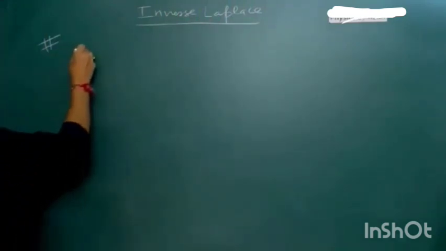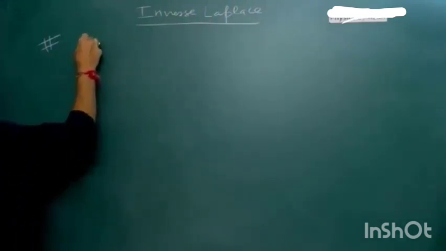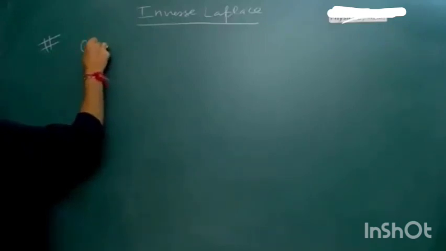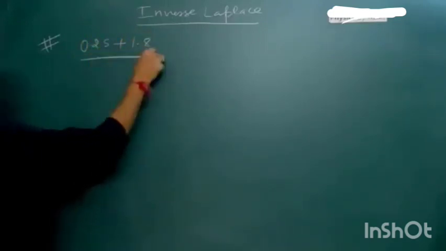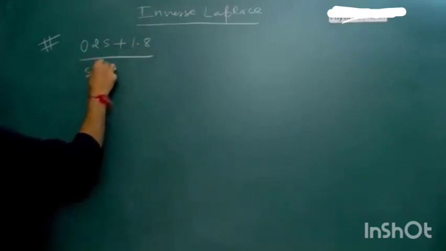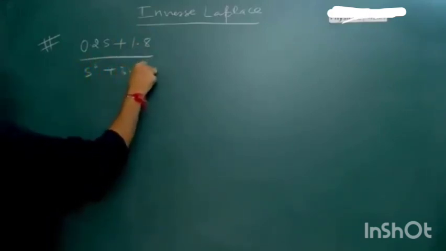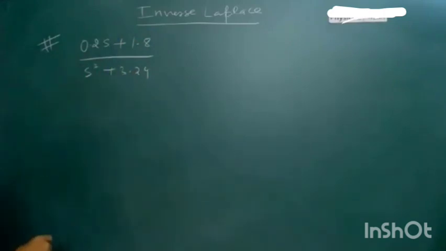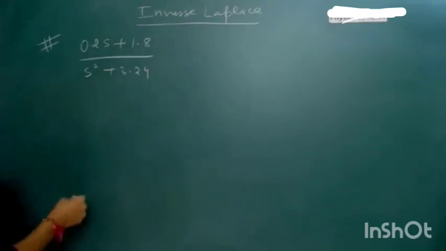So suppose I have a function fs which is 0.2s plus 1.8 over s square plus 3.24, and I want to write the inverse Laplace of this, because this is fs, I want ft.